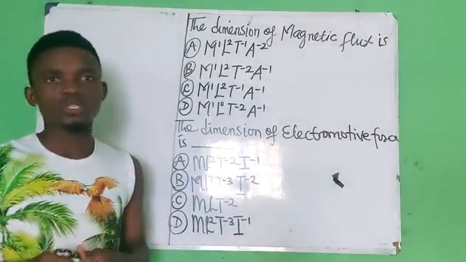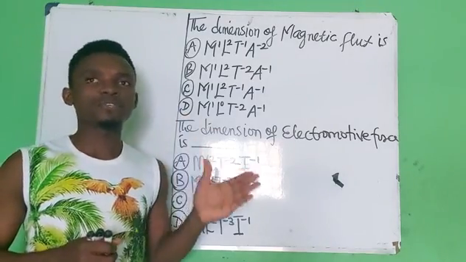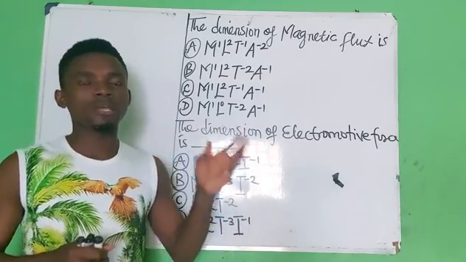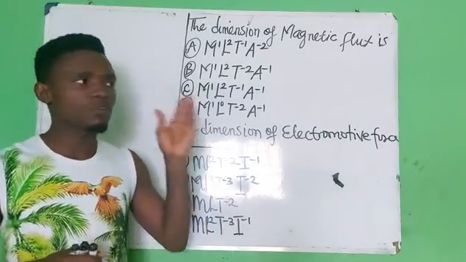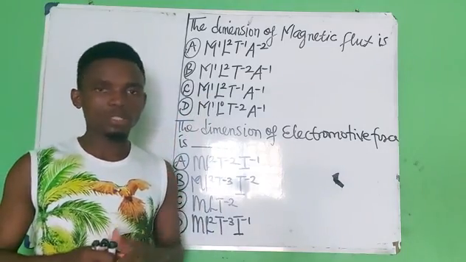In our previous class, we discussed fundamental and derived quantities. I gave you the various examples of fundamental quantities: mass, length, time, current, temperature, luminous intensity, and quantity of substance.